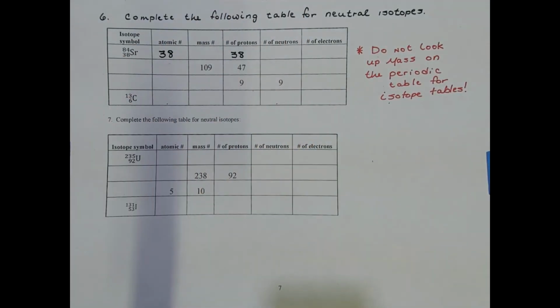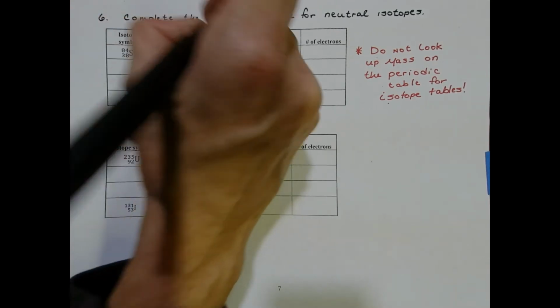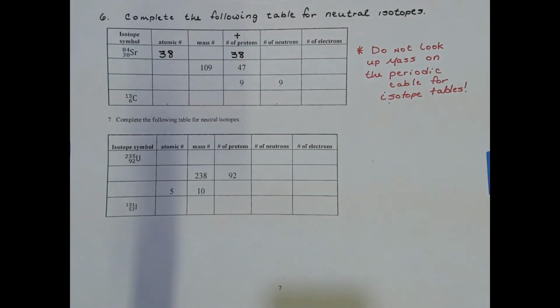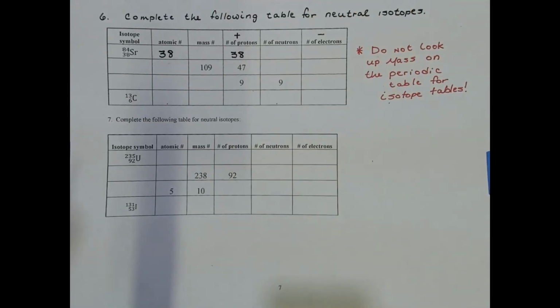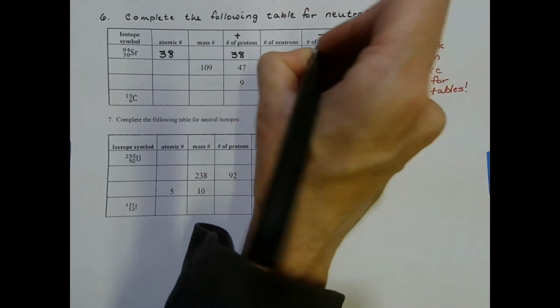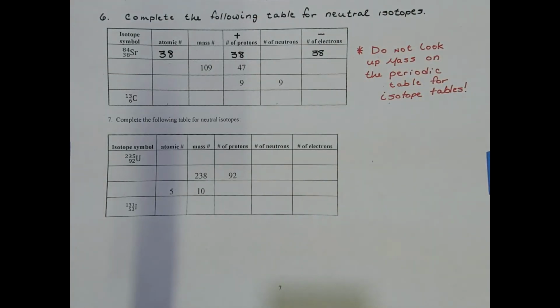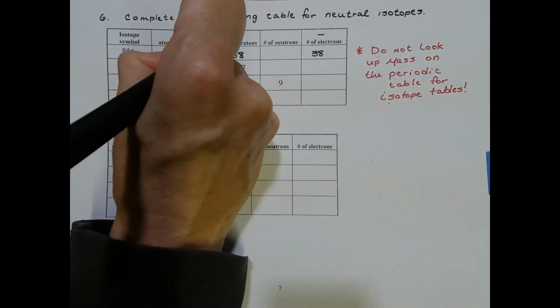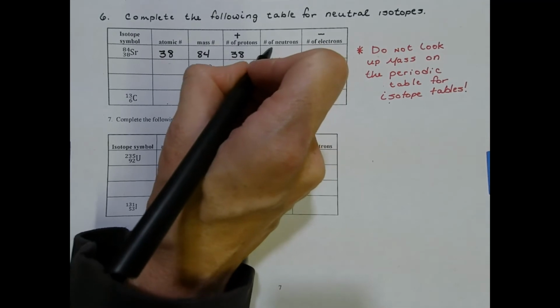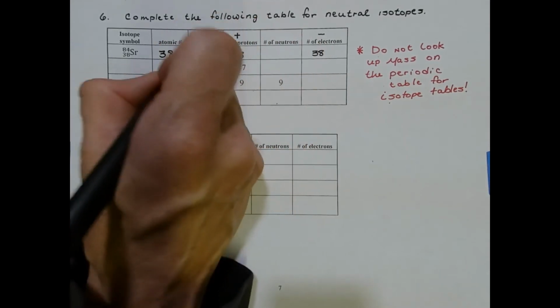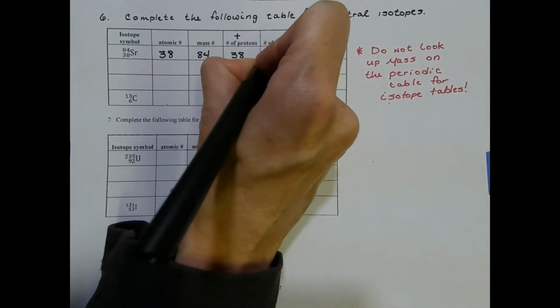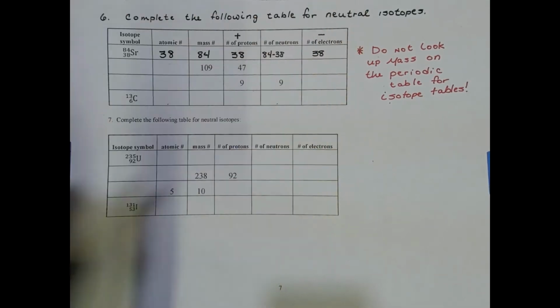And since I was told that this is a neutral isotope, I also know that the number of protons, the number of positive particles in the nucleus, will equal the number of electrons, the number of negative particles in the cloud around the nucleus. So I'll write a 38 here. Mass now is going to be the larger of the two values, which is an 84. And you might remember from the previous table how to calculate the number of neutrons. You're going to do your mass number minus your number of protons.